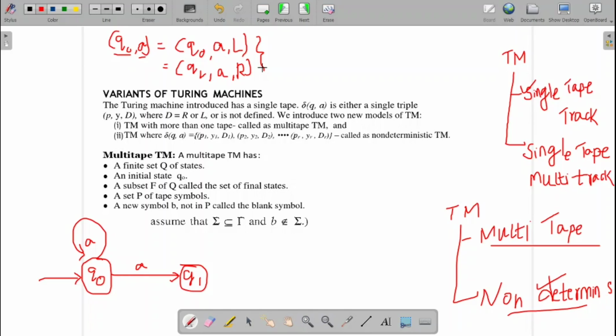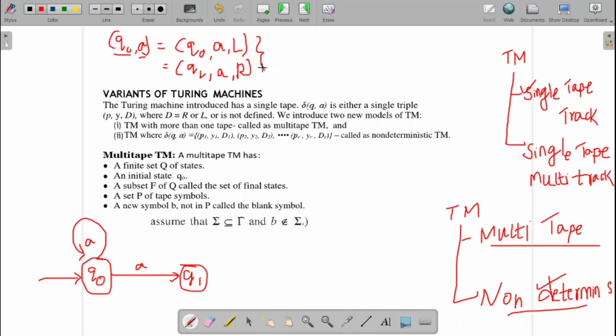For the same state, same tape symbol, I have more than one transition defined. For each tape, I may have a different direction of movement. The movement can be left, right, or stationary, because we learnt in the previous session that a stationary head may also be present.